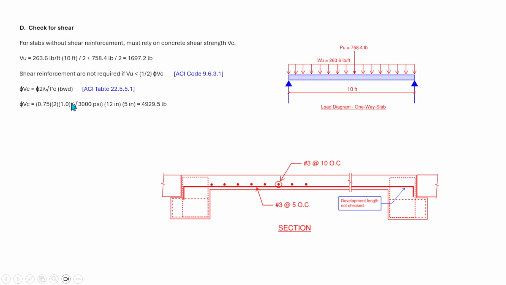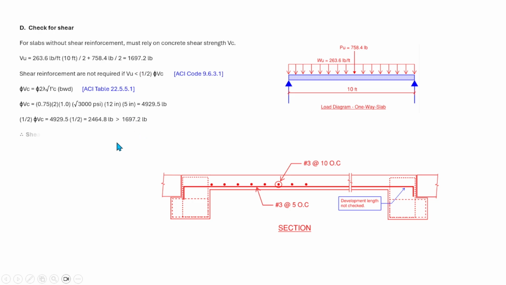Times 2 times 1 times the square root of 3000 psi times the width of 12 inches times d, 5, is equal to 4,929.5 pounds. So half of this value is equal to 2,464.8 pounds, which is greater than the actual required shear, 1,697 pounds.